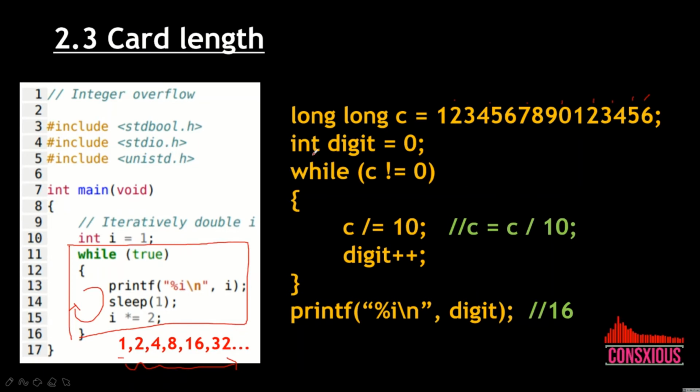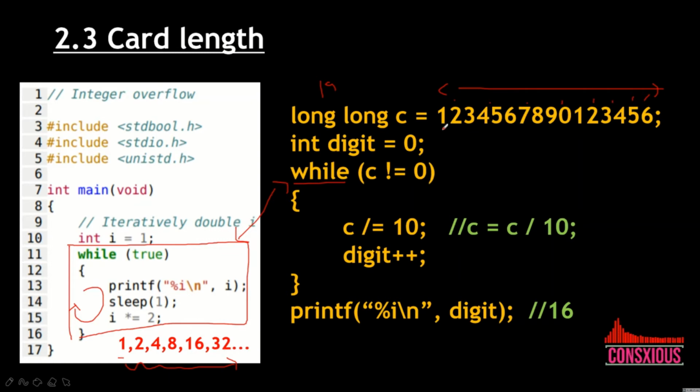So for example, this is a long C because it's a very long number. Long can cover up to 19 digits. From here, we declare an integer digit equals 0. You see we use the while loop, which is very similar to the example: while C is not equal to 0.